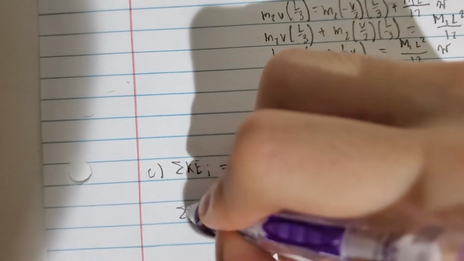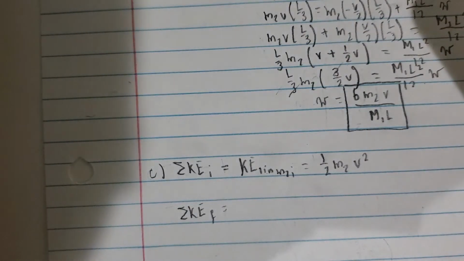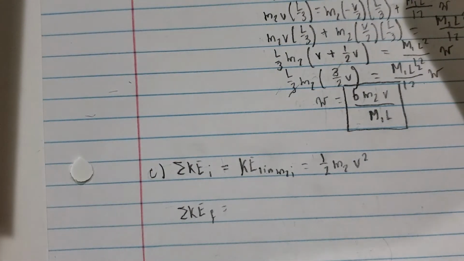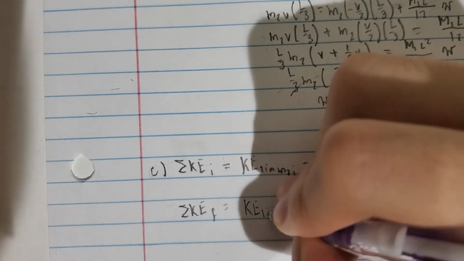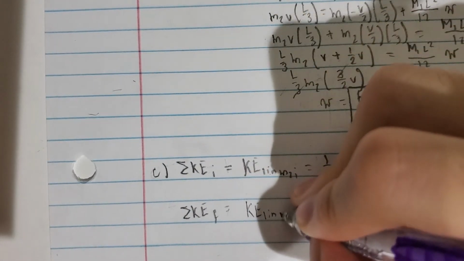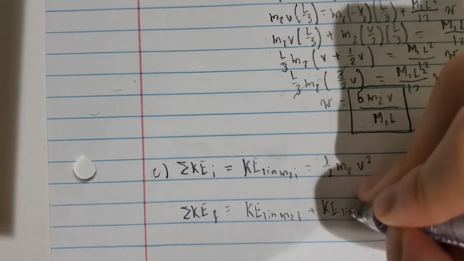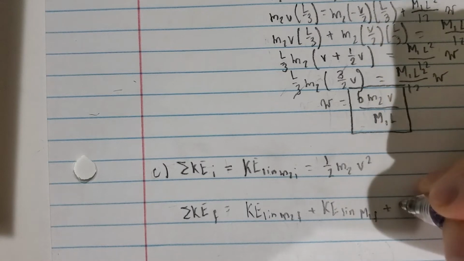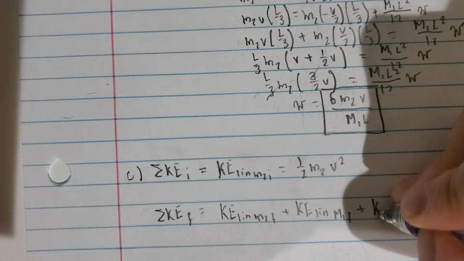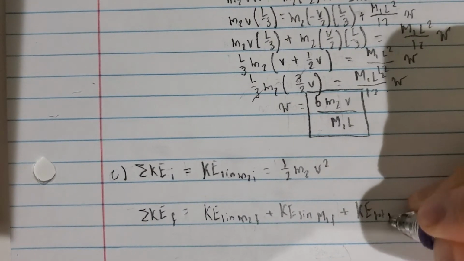Now for my KE final total, I have 3 different kinetic energies. I have KE linear for M2 final, KE linear for M1 final, and KE rotational for M1 final.